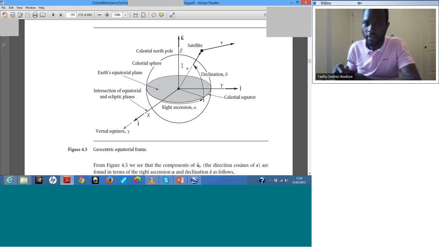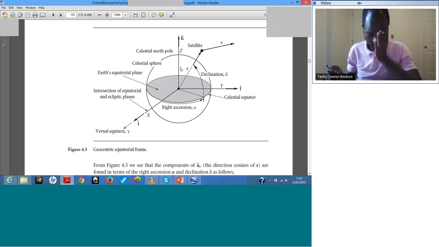I hope you are getting what I'm saying. If you want the component of UR along this axis, in the z direction, you just have to find the sine of this angle, sine delta.